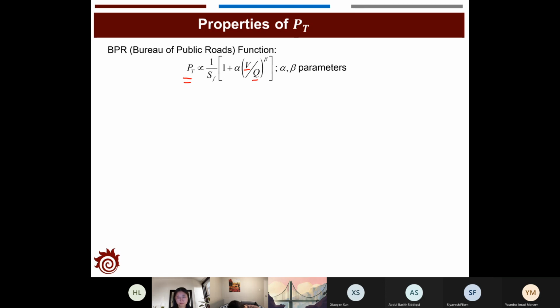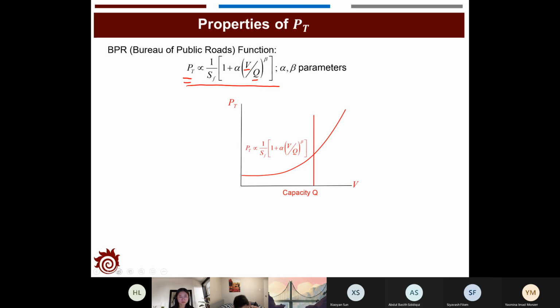If you check the expression of this model, you can find that by increasing the volume, the cost of the trip will be higher. And if you draw the figure, you can see that the red line is the BPR as described by the BPR function.